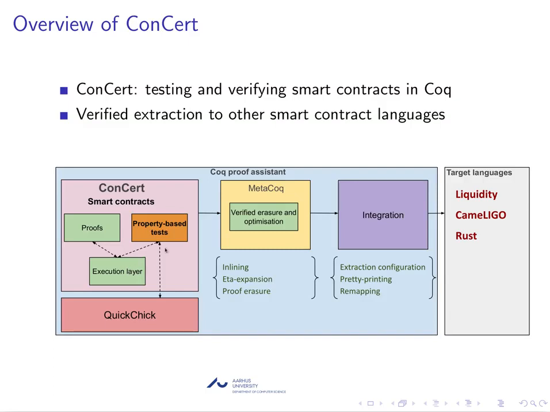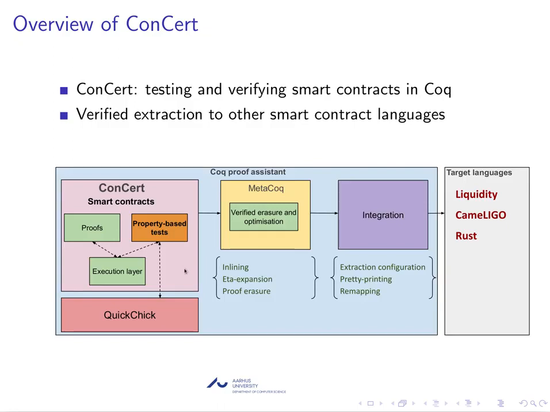We develop a QuickCheck-based property-based testing framework that connects to the execution layer, which allows us to test not just functional properties of contracts, but also properties on entire execution chains. And once tested and/or verified, contracts can be extracted in a verified way to various smart contract languages.